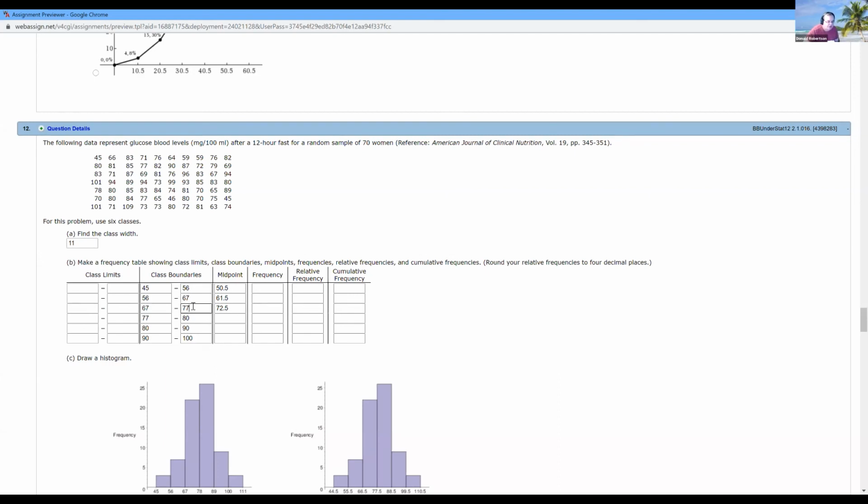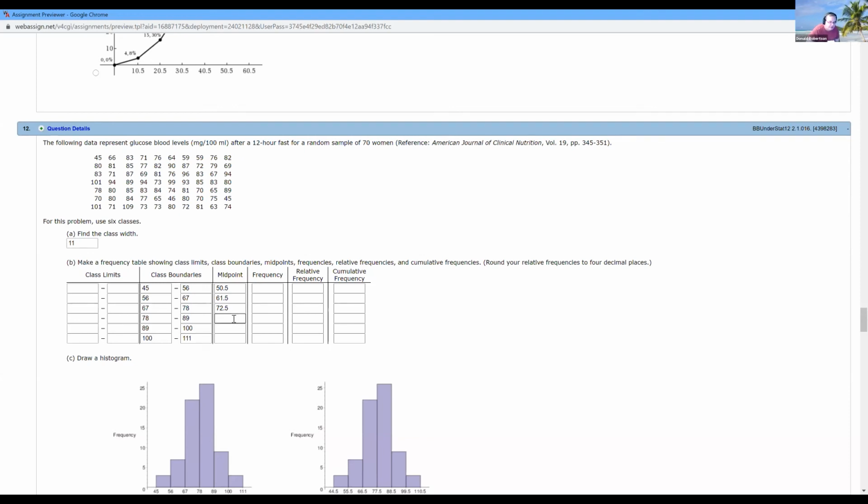Uh-oh, made a mistake. That's 78, and that'll be 89. And that'll be 89, and this will be 100. And this last guy will be 111. And that is enough room to get the 109 in it.